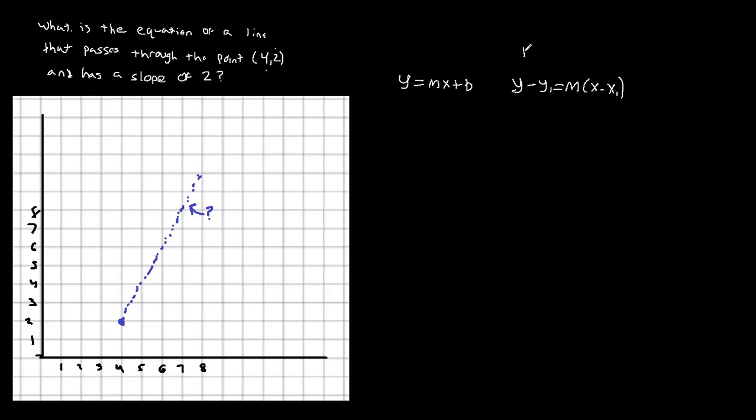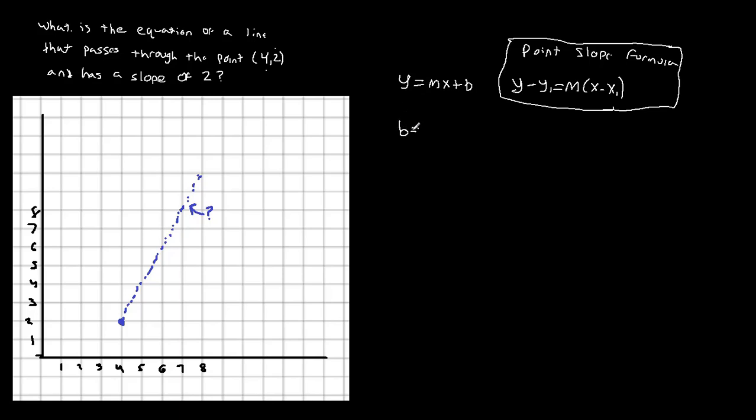This is the point slope formula, and this is the way that the textbook would go about solving this problem. To me, I always find the point slope formula in this context to be far less helpful than to just rearrange this for b. And I'm not going to go through the algebra again.